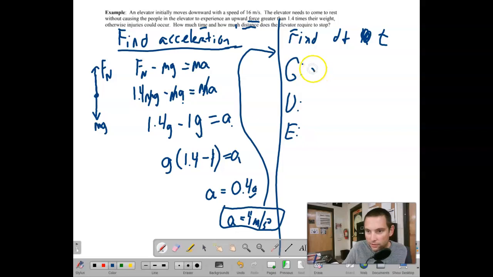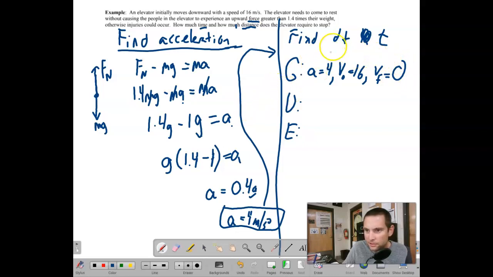So we know the acceleration equals 4 meters per second squared. Downward with a speed of 16, so our initial velocity is 16 meters per second. Elevator needs to come to rest, so our final velocity is going to be 0.